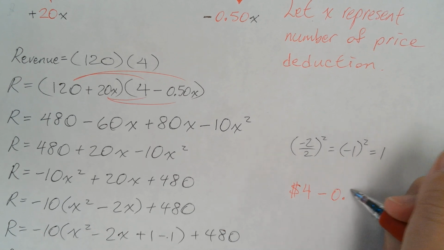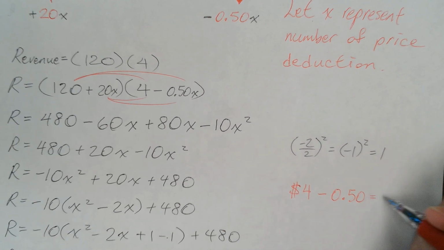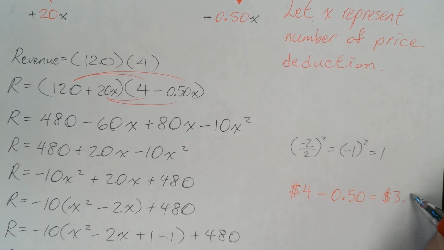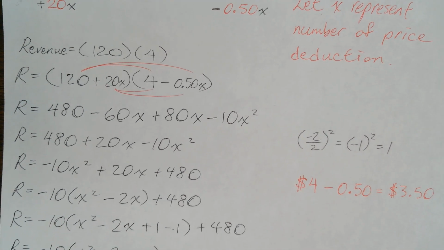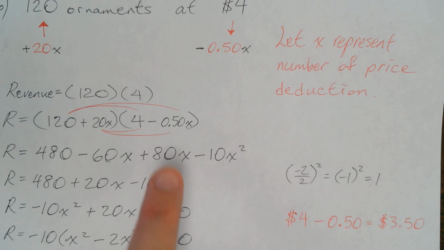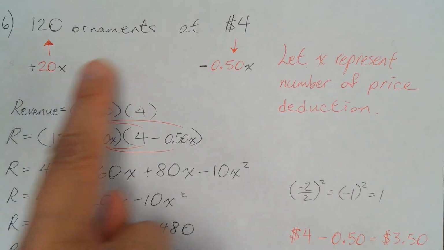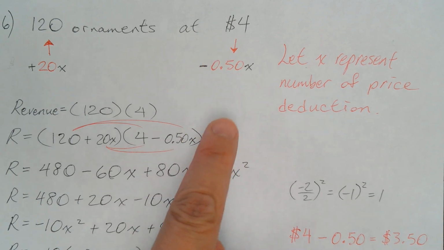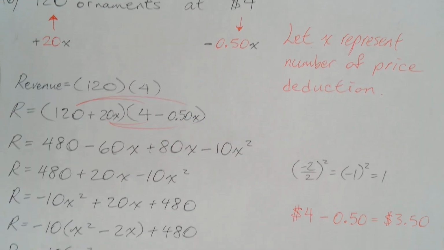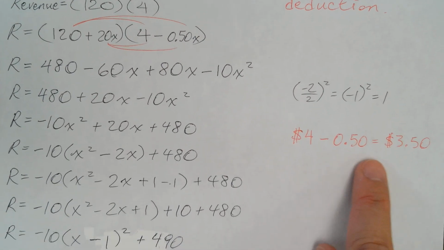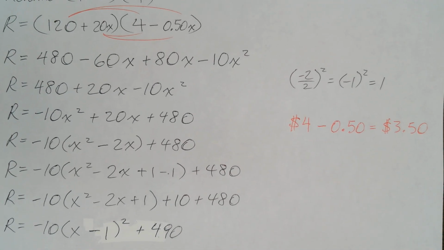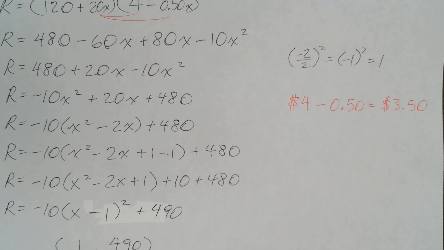$3.50. One price reduction means we should set the price to $3.50. Right, remember right here, we said that for every 1 price reduction, we can sell 20 more. And we were trying to figure out how many price reductions we should do to sell the maximum. And in this case, it was $3.50.